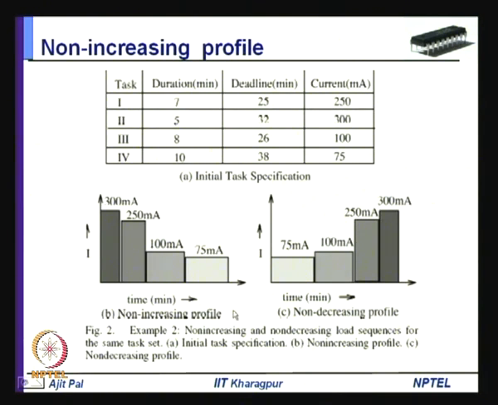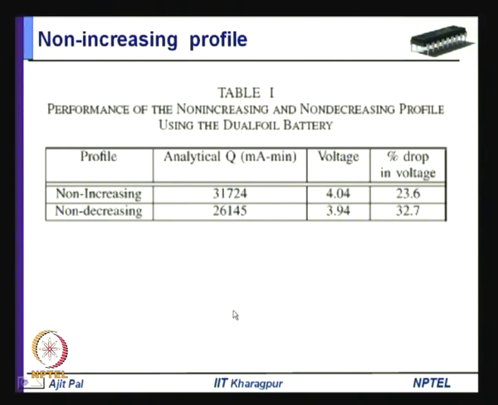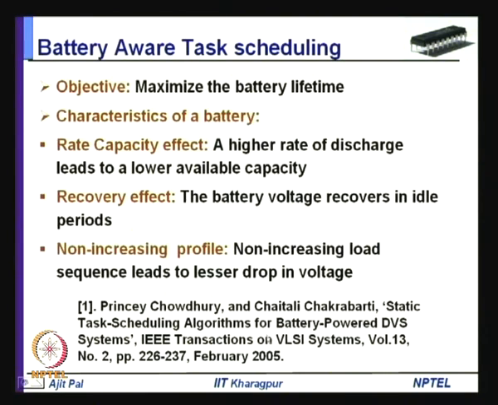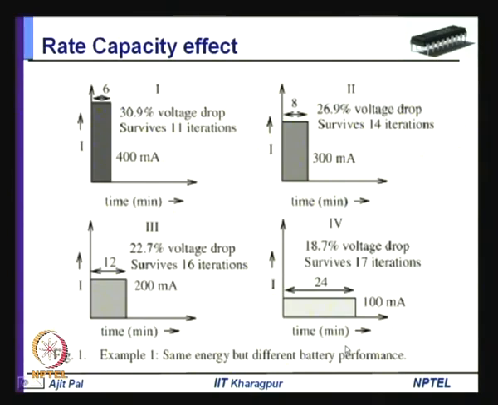So, you can use these three phenomena: rate capacity effect, recovery effect and non-increasing profile effect. Using them, they developed this paper. They have presented a task scheduling algorithm, and they have shown how the actual capacity is increasing.